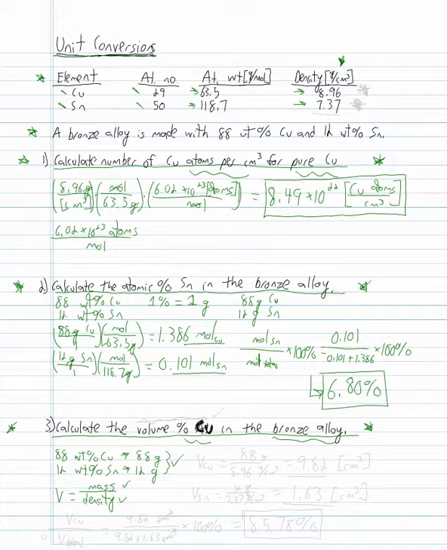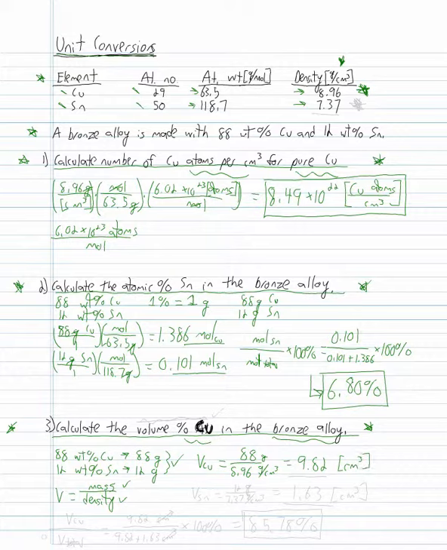Now we have mass from these two quantities given, and we have density given from the table above. Doing that, we can find the volume of the copper. So we take the mass of the copper, which is 88, and we divide that by the density, which is 8.96, as seen from the table up here. This is going to be in grams per centimeter cubed. Plugging that in, we get 9.82 centimeters cubed.